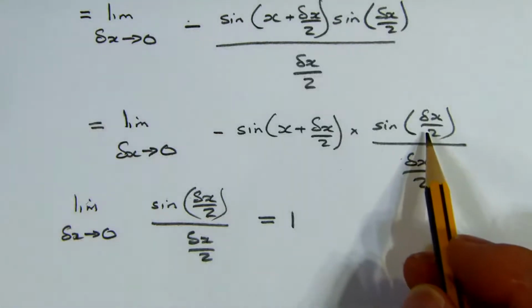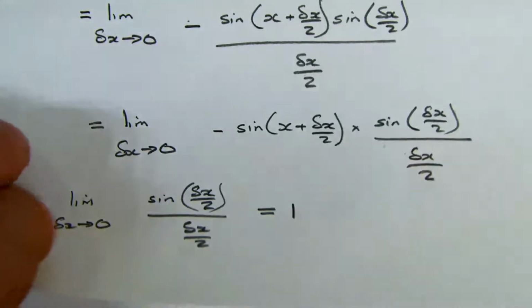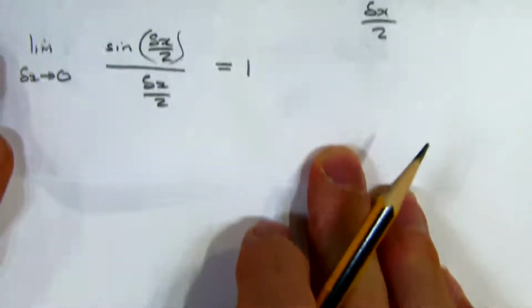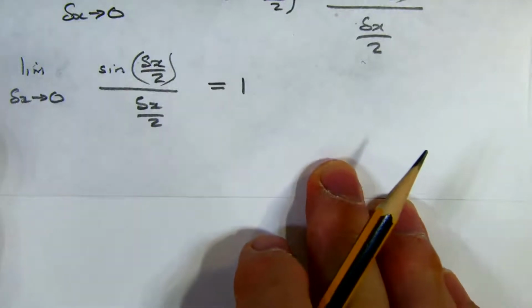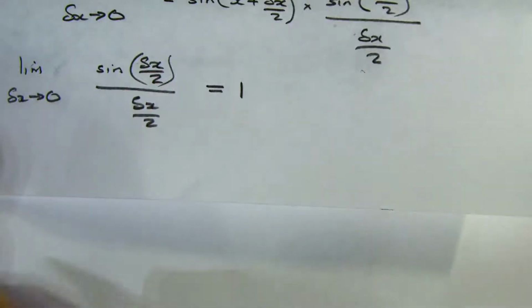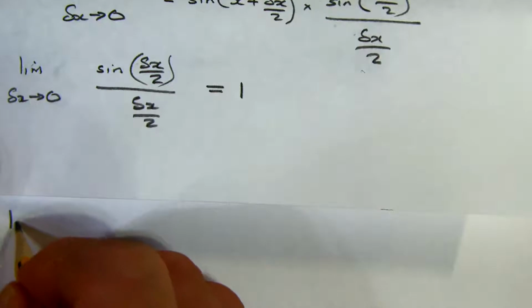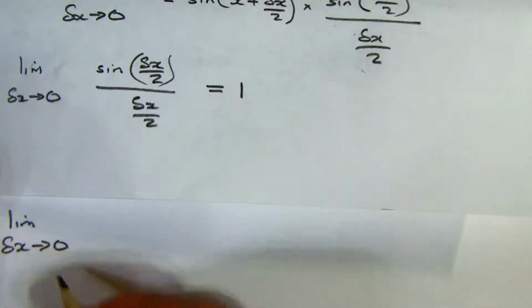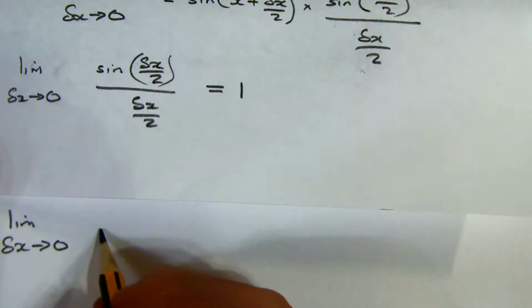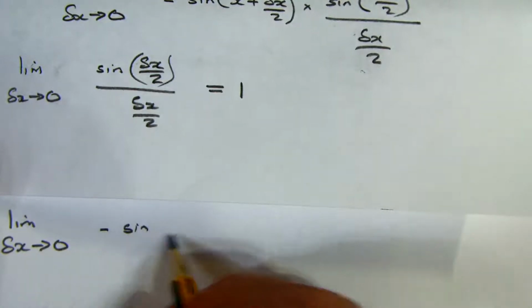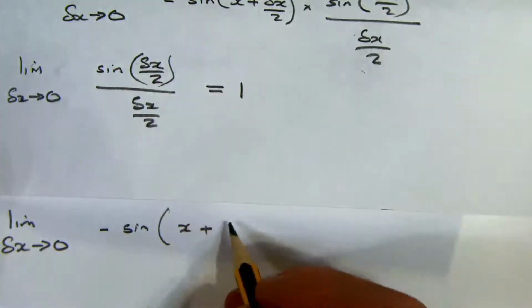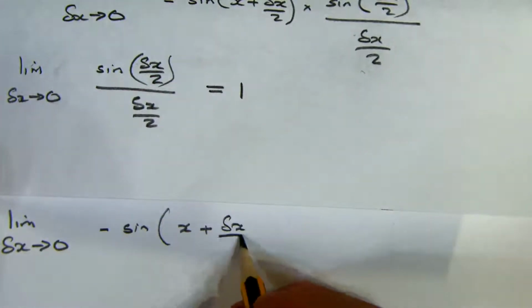So this becomes 1, and the limit is now going to be minus sine of x plus delta x over 2.